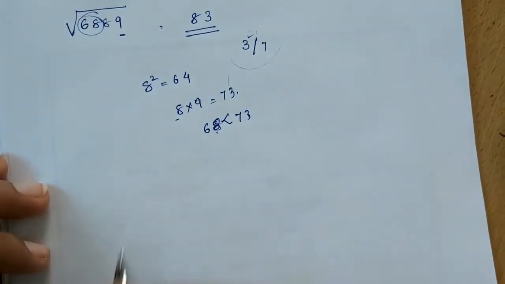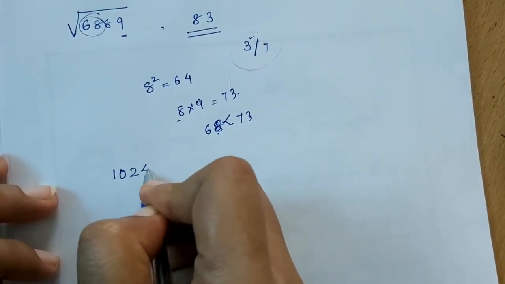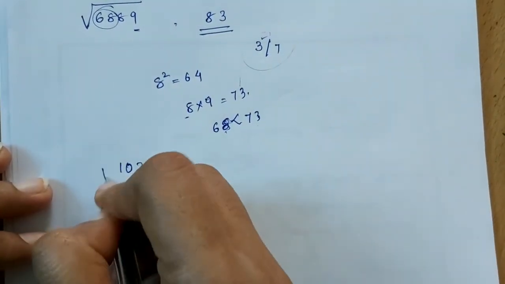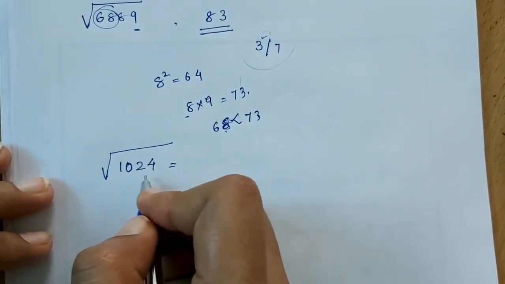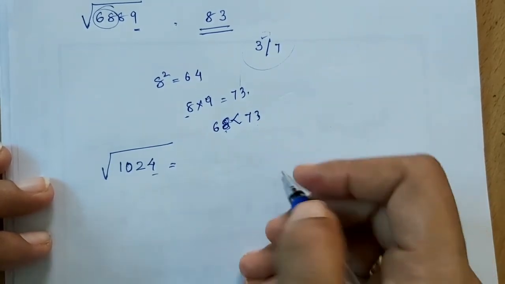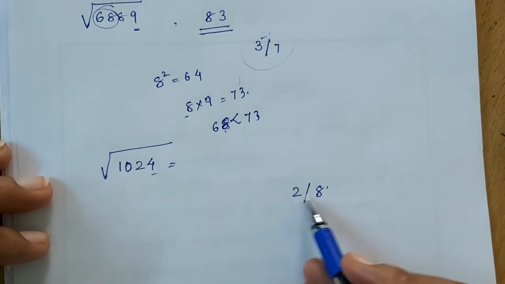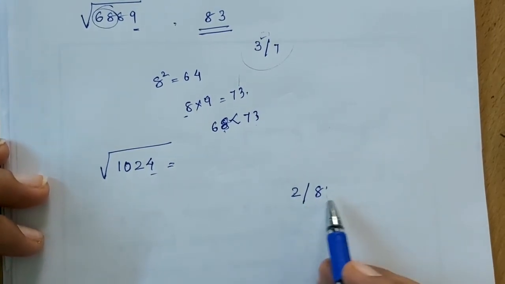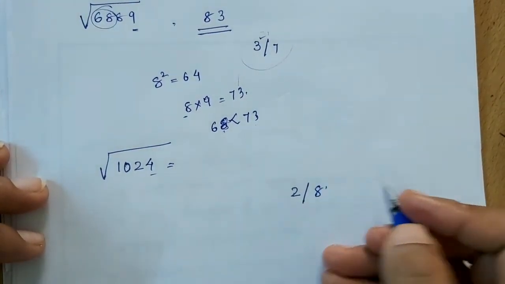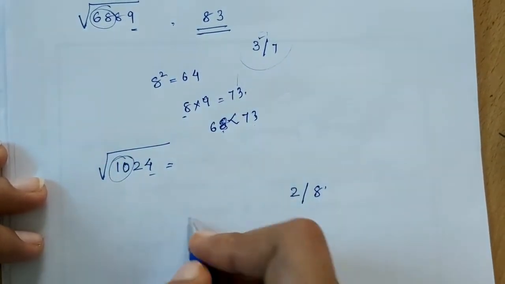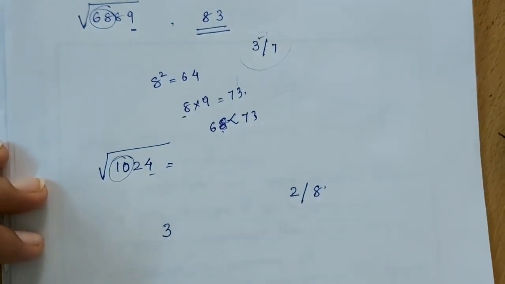Okay, next, 1024. Square root of 1024. The last digit is 4, so which values end in 4? 2 and 8. 2 square is 4, 8 square is 64. So these two numbers end in 4. Then take the first two digits, 10.